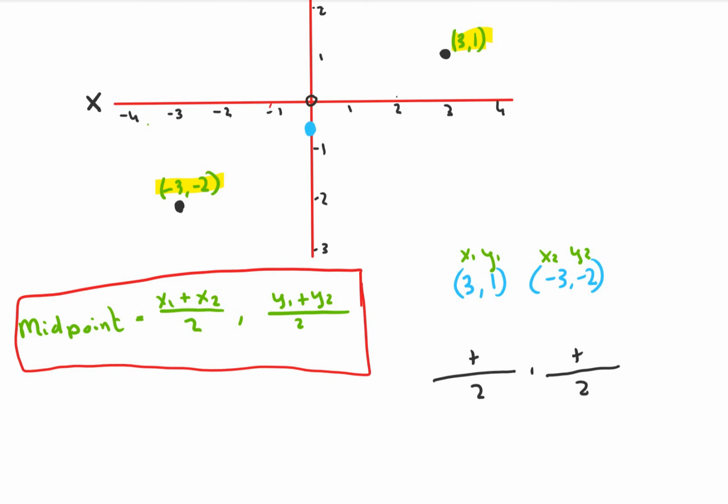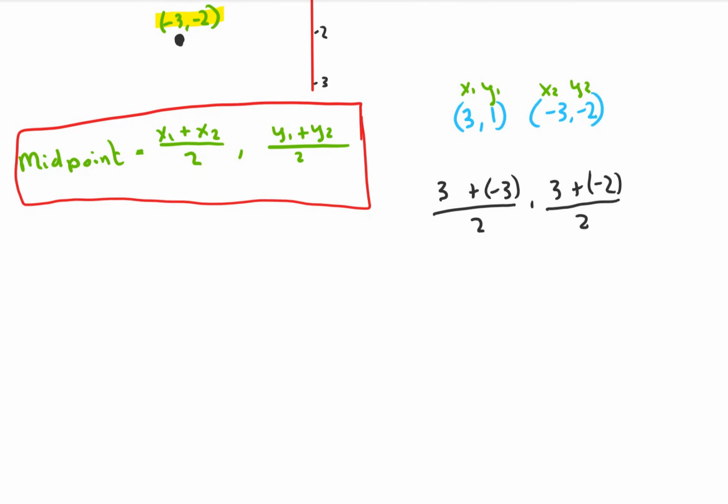Okay, so our x1 is 3, and our x2 is minus 3. So I'll just put it in brackets because there's a plus in front. And likewise, our y1 is 3, and our y2 is minus 2.